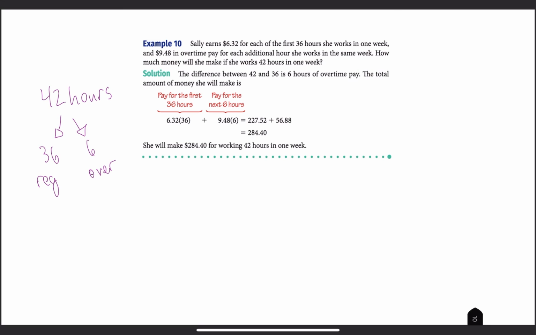Now, how much does she get? She gets $6.32 for her regular pay. And then she gets $9.48, time and a half, presumably here, for the 6 hours of overtime. And hopefully you can see this is why the order of operations is important, because we have to multiply here to find out these subproducts before we can add to find her total paycheck.